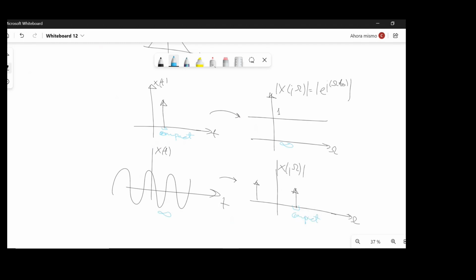So that means that, for instance, if I ask you at which time do you have energy in this signal? You know it very well. I have energy here. You are very, very precise about the time where you have energy. At which frequency you have energy? All frequencies.